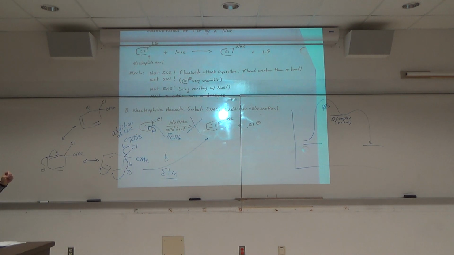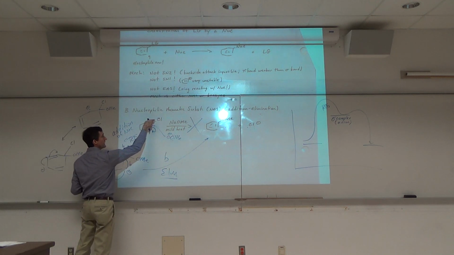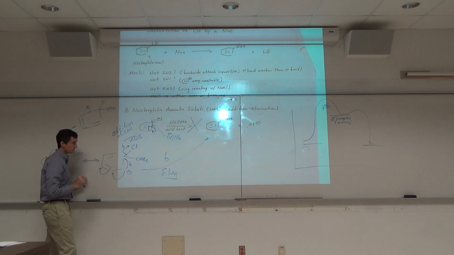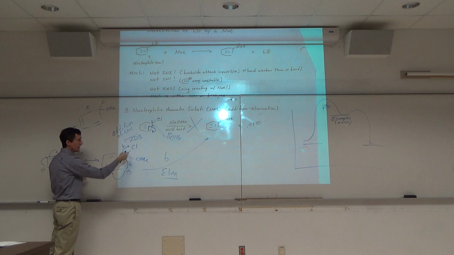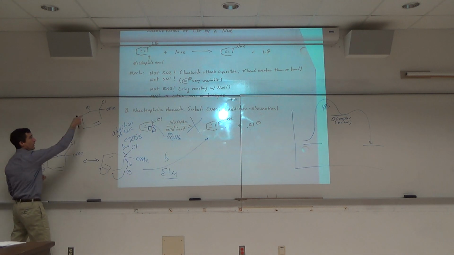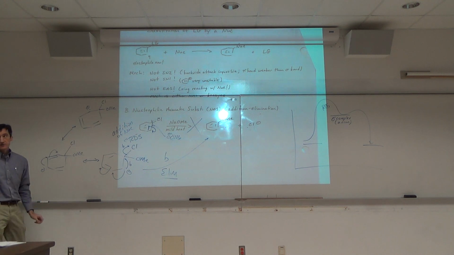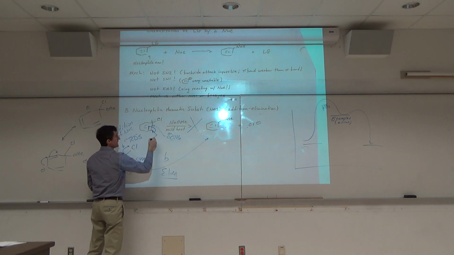Not only do you need a withdrawer, but you need it at certain locations. Would you rather have it ortho, meta, or para to the chlorine? Look where the anion falls. Where does it fall compared to the original chlorine? Ortho, para, ortho. That's where you want your withdrawer if you're going to have this reaction work. For example, I'm going to add here a methyl ketone.